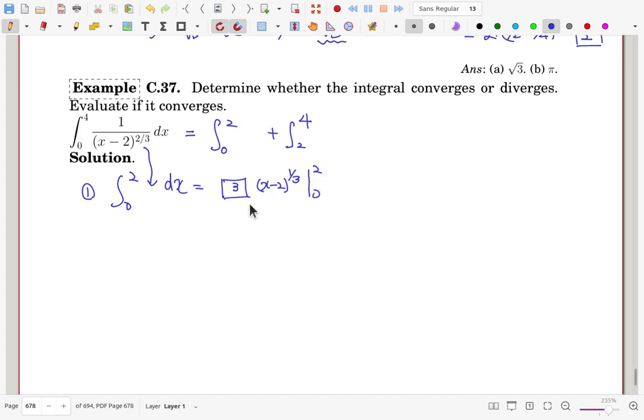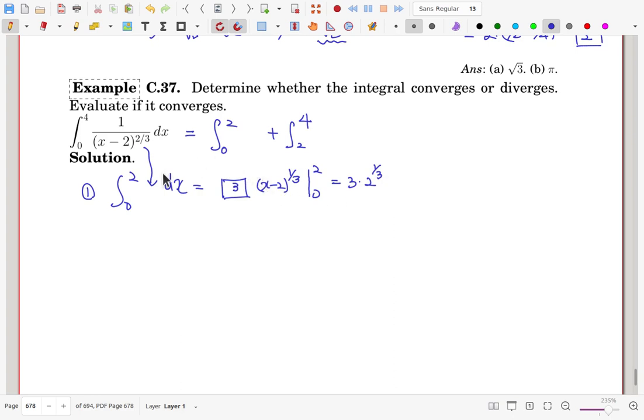This value exists, and at 2 it's 0, then minus at 0, so it's 3 times 2 to the 1/3 power.